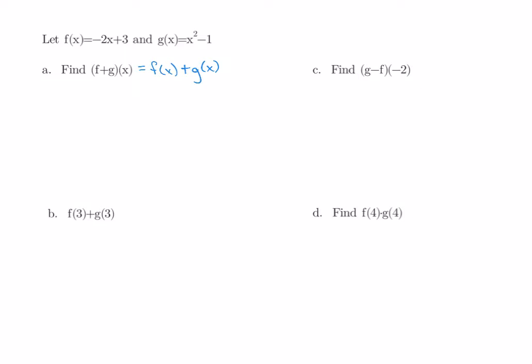Now to find the new function, all we're going to do is replace the function name with its expression. So where we see f of x, I'm going to replace that with negative 2x plus 3. And where we see g of x, I'm going to replace that with x squared minus 1.